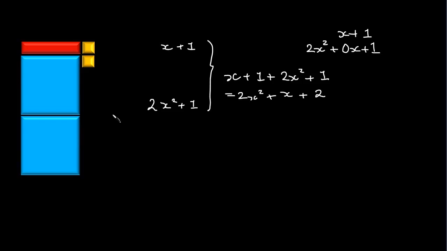Let's start with the x squared. Let's just draw onto it, I think that'll make things clearer. We've got 1x squared here, we've got 1x squared here. We've got an x here, a 1 here, and a 1 here. So added together, we've got 2x squared plus x plus 2.